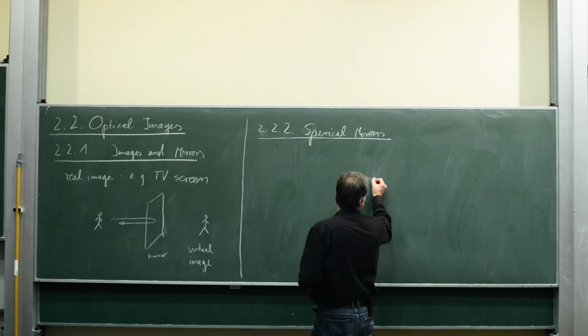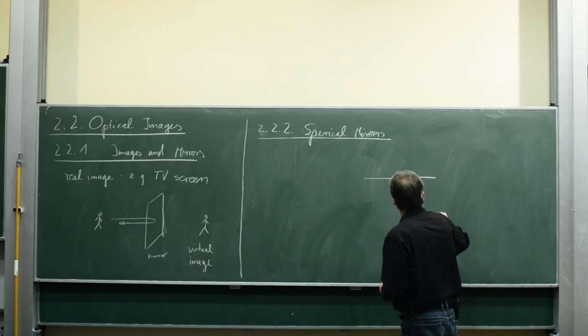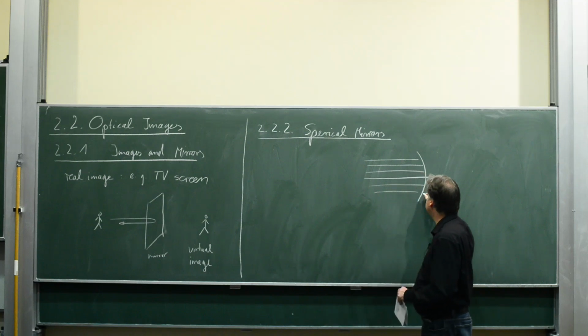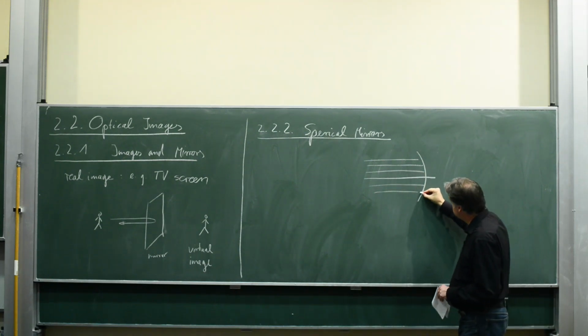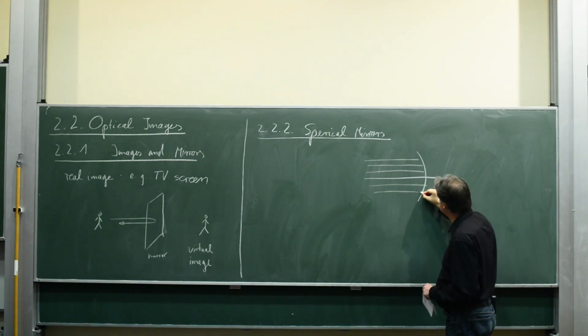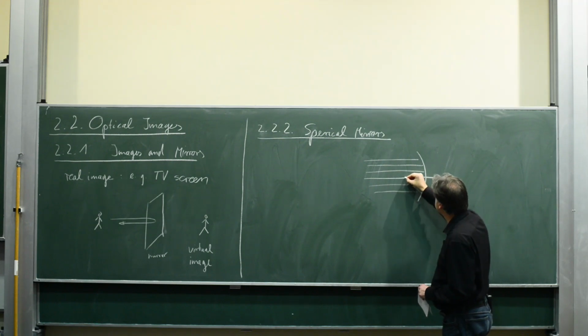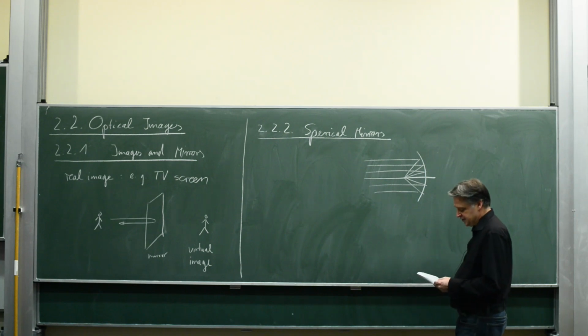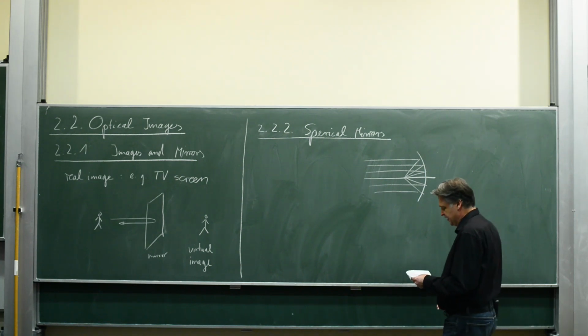And in one case, if you have a parallel beam of light, each ray is reflected perpendicular to the surface, and what you get is a focal point F. So that's concave.